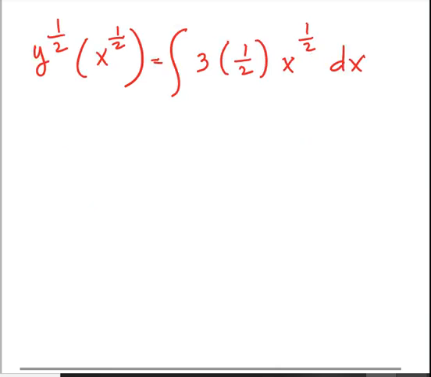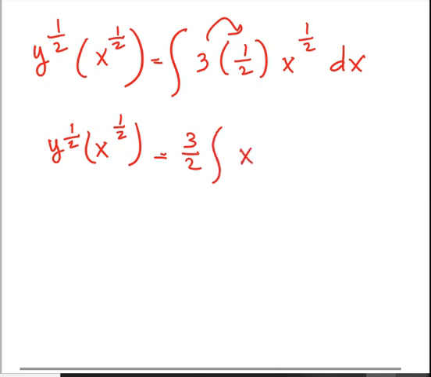Now, we will simplify and solve this one. Copy lang natin to. Tapos, 3 times 1 half is 3 halves. So ilabas natin siya sa ating integral sign. That will become x raised to 1 half dx.